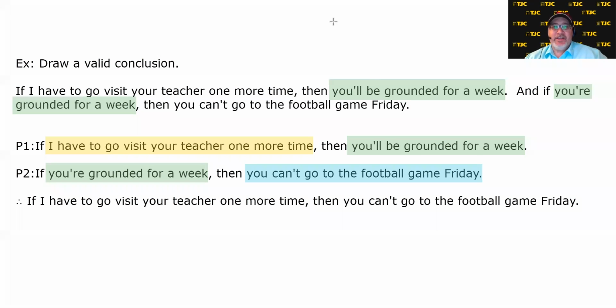So the antecedent of the conclusion matches the antecedent of the first premise, and the consequent of the conclusion matches the consequent of the second premise. Again, it's almost like we have this canceling effect here, and we just smush the two statements together to make a new premise, a new conditional.